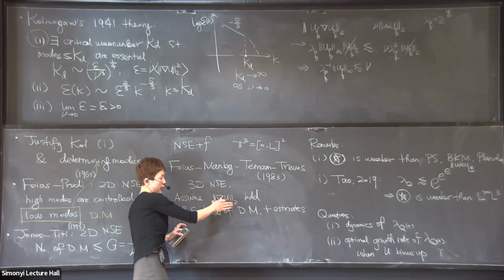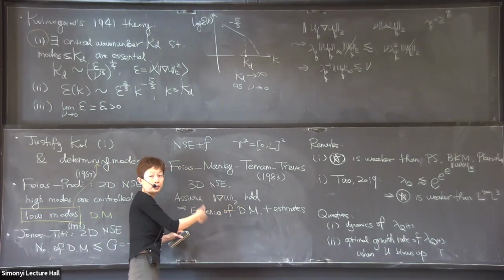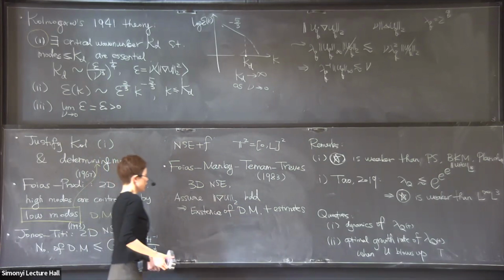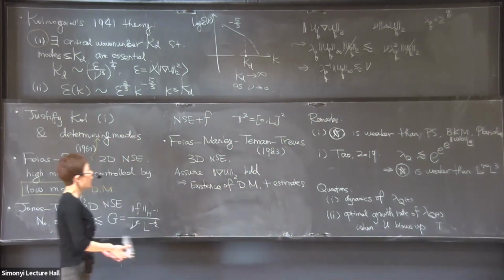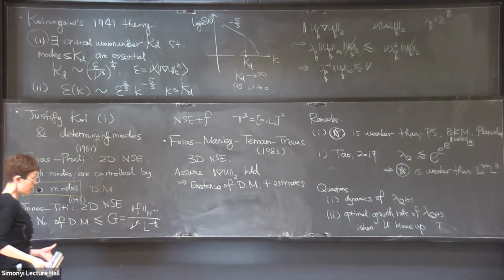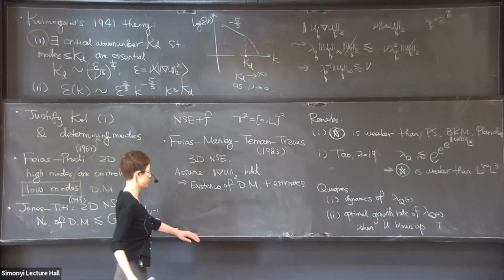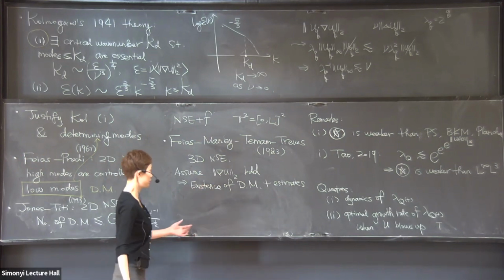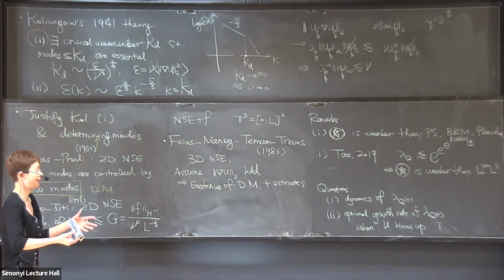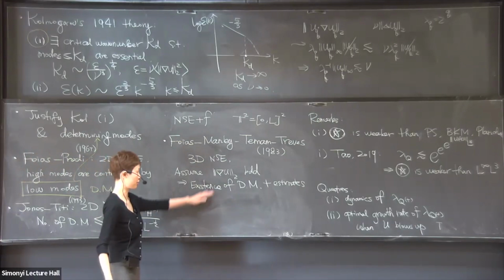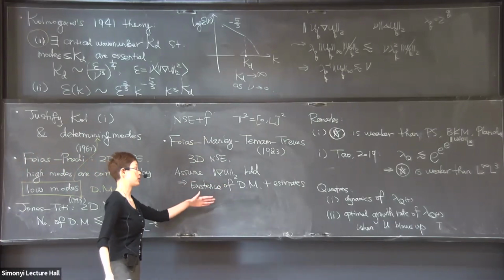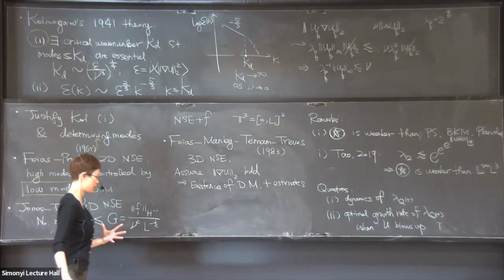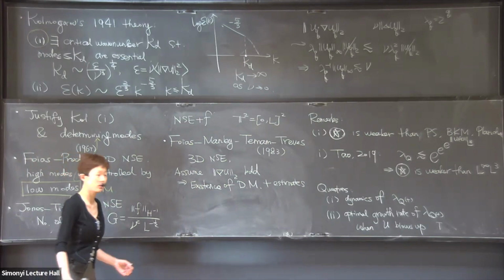When you look at this condition, it's rather strong. That's basically assuming regularity. H1 is a subcritical norm. So in the 3D case, for the Navier-Stokes equation, it was out of reach to study the problem of determining modes without assuming regularity. Actually, it's hard for any supercritical equation.